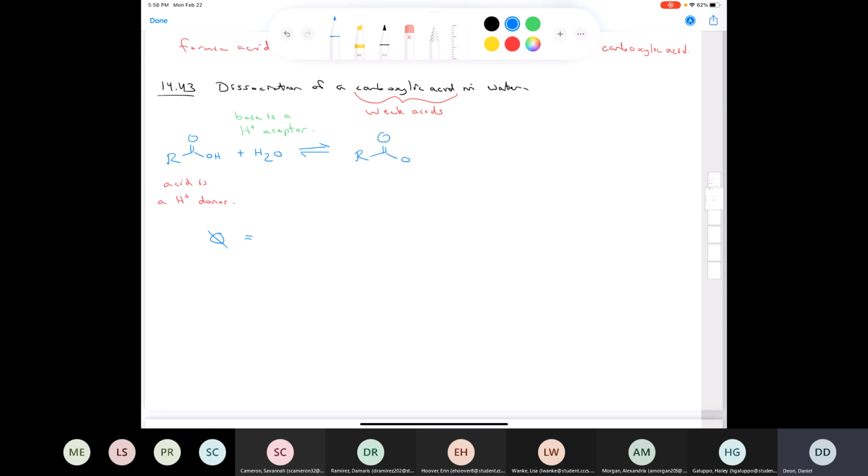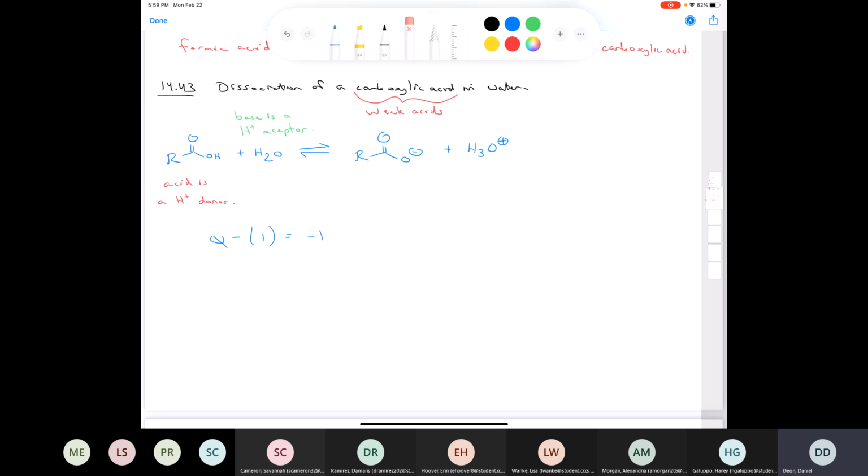If you take 0 and subtract the +1 charge, 0 minus 1, we end up with -1. Sorry, I misspoke earlier. So we have a negative charge on our carboxyl, which now becomes what's called a carboxylate, and we end up with H3O, which has a +1 charge.